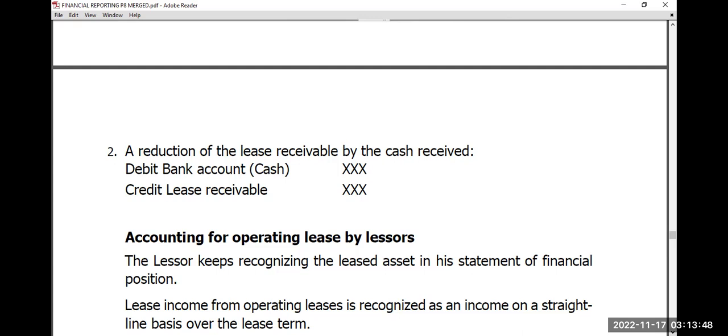So you have to reduce the lease receivable. And that lease receivable, the remaining, is what will be taken to the balance sheet. After recognizing, of course, we recognize the income.